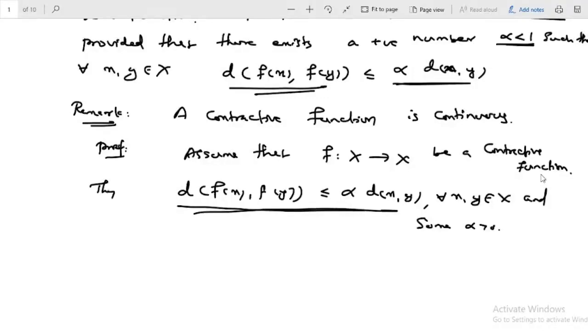So for epsilon greater than 0, there exists delta. Delta can be chosen as you want, such that d of f of x, f of y is less than epsilon for d of x, y less than delta.